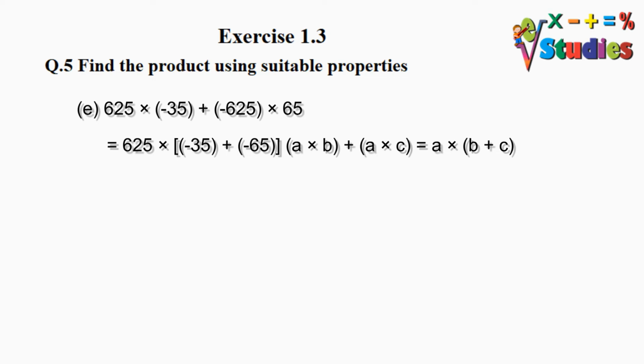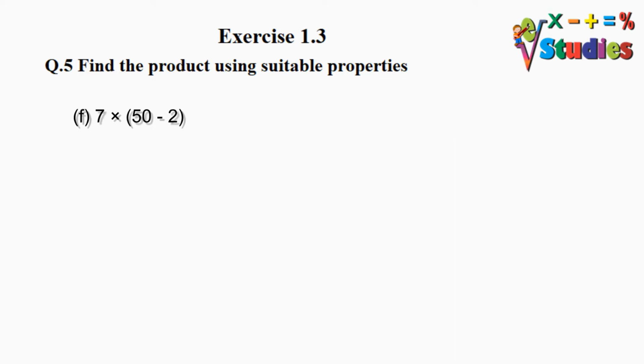So 625 multiplied by negative 35 plus negative 65. Because we have two integers negative 35 and negative 65, we need to perform addition on them. So that will give us negative 100. So positive 625 multiplied by negative 100 will give us answer negative 62,500.